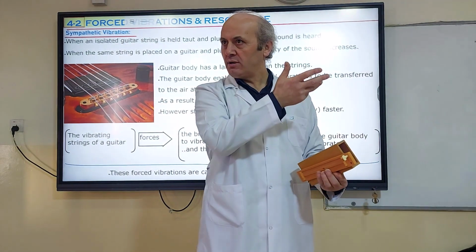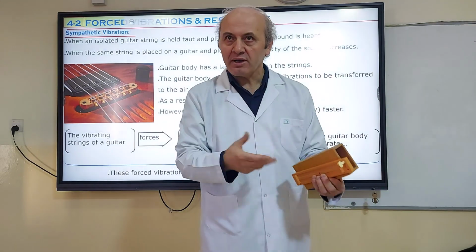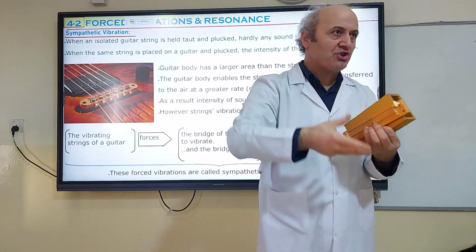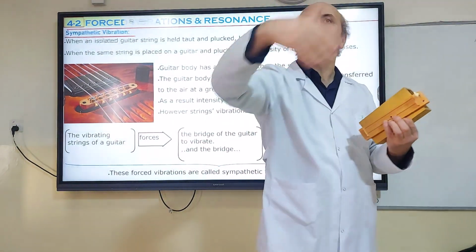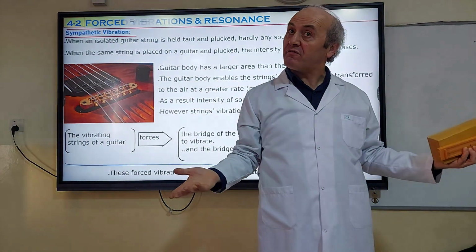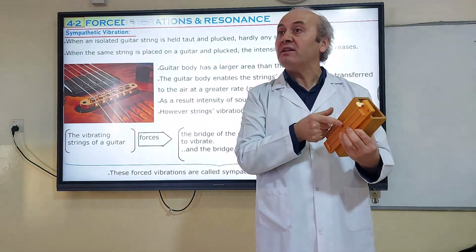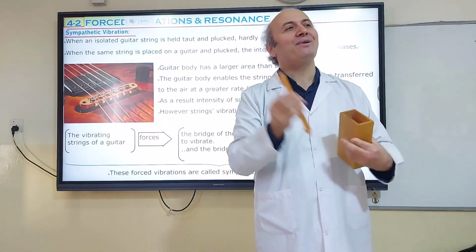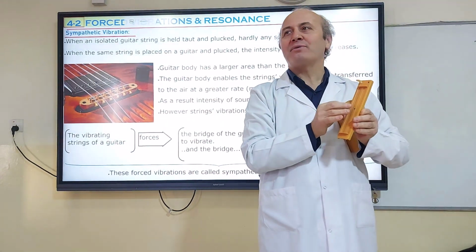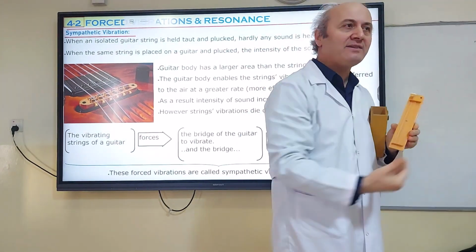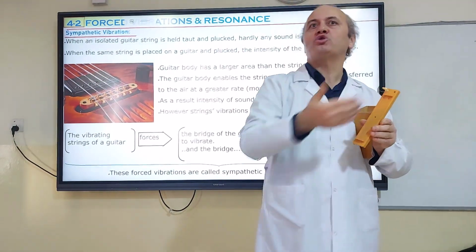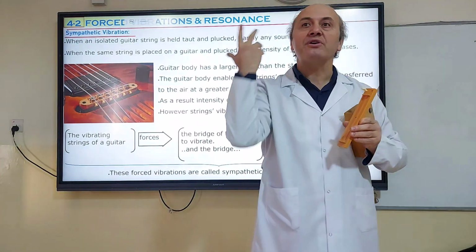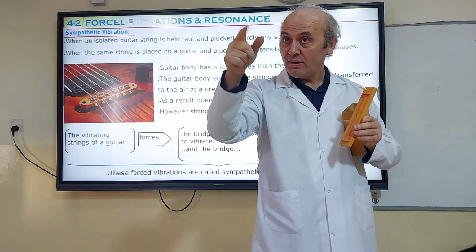The classroom will be emptied quicker. Similarly, when you make the area larger, the energy of the string is given out to the air at a greater rate, which means the vibration will quickly die. But if you use only a string, because energy is not transferred at a greater rate, it takes time for energy to be given out to the air, to your ear. Did you get the idea?